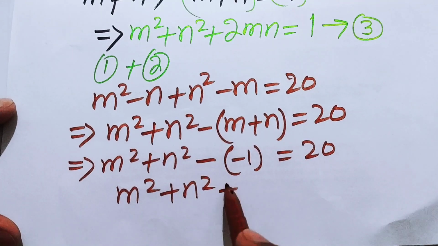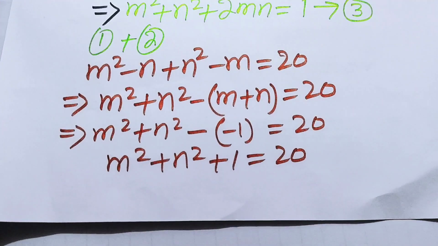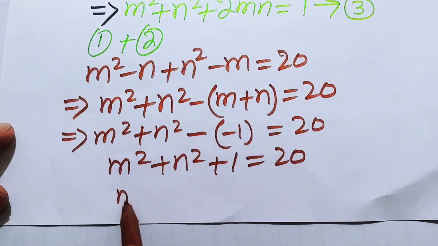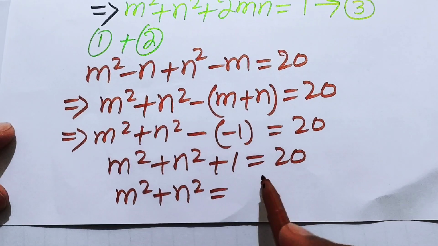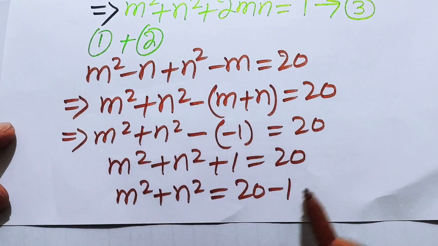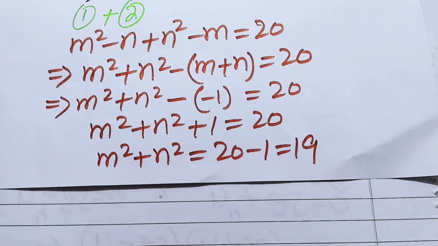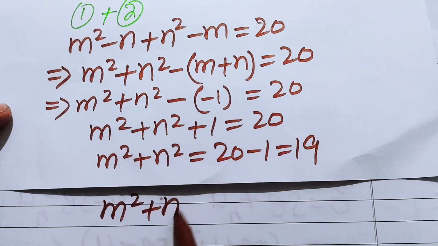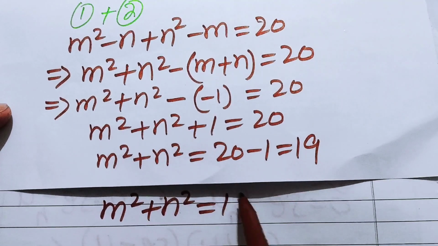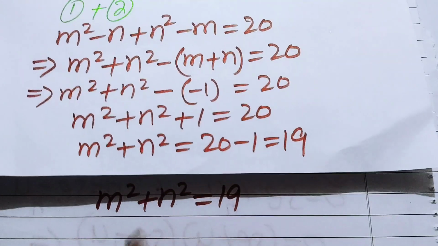Here we multiply this minus sign on the terms, and you get m square plus n square plus 1 equals to 20. Now we move this plus 1 to the right hand side, and you get m square plus n square equals to 20 minus 1, and you know that it is equal to 19. So m square plus n square equals to 19.